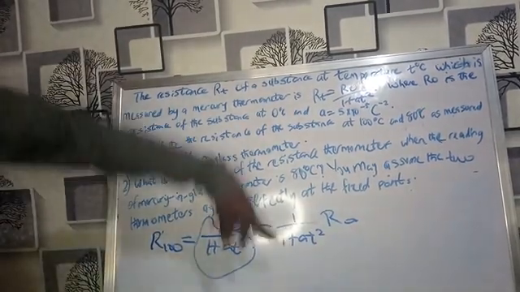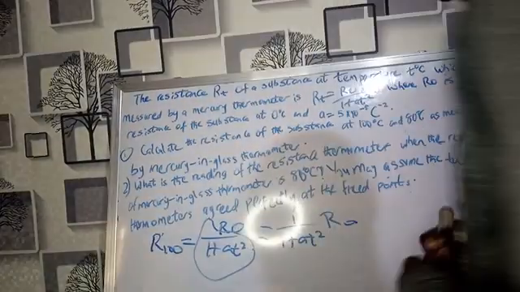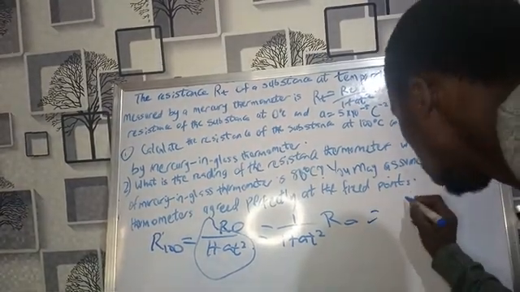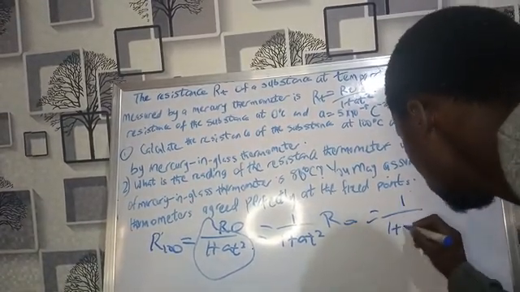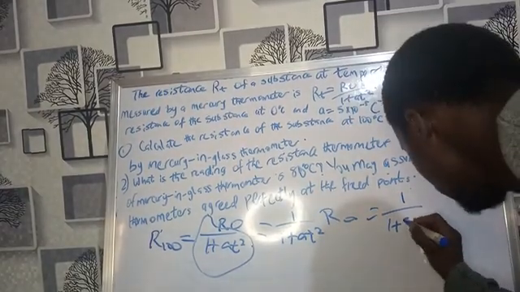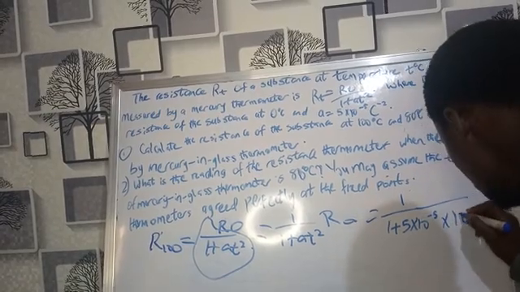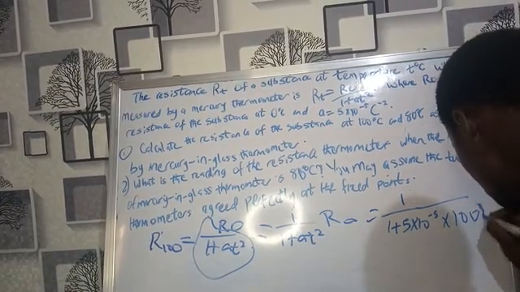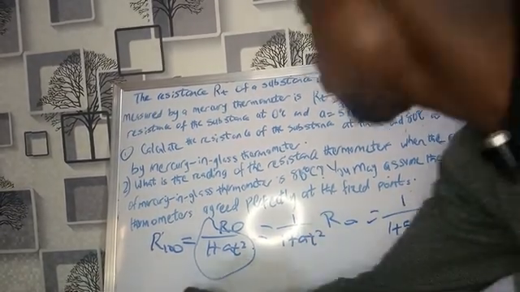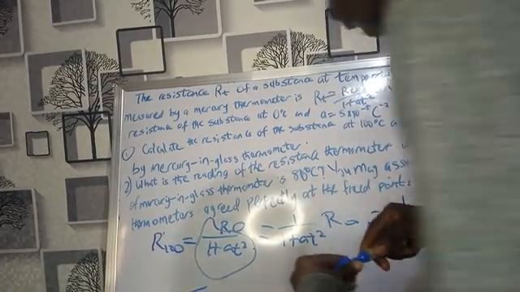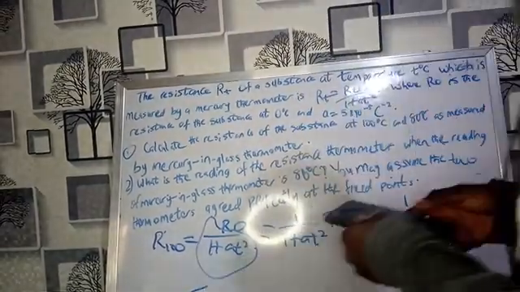Now putting this into this equation, we have 1 over 1 plus. Now from here A is equal to what? 5 times 10 raised to the power minus 5. Now T is equal to what? 100 degrees Celsius. So 100 squared. Now from here we punch this into our calculator. If you have a scientific calculator, it actually saves a lot of stress.